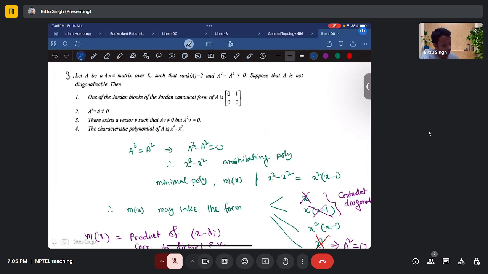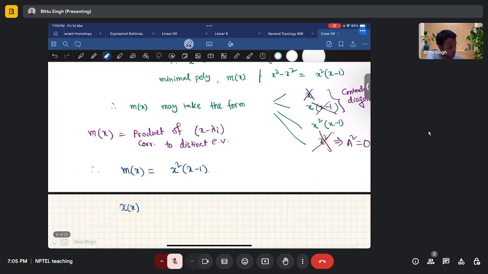Yes, so this is true. Option 1 is correct. Why is this true?